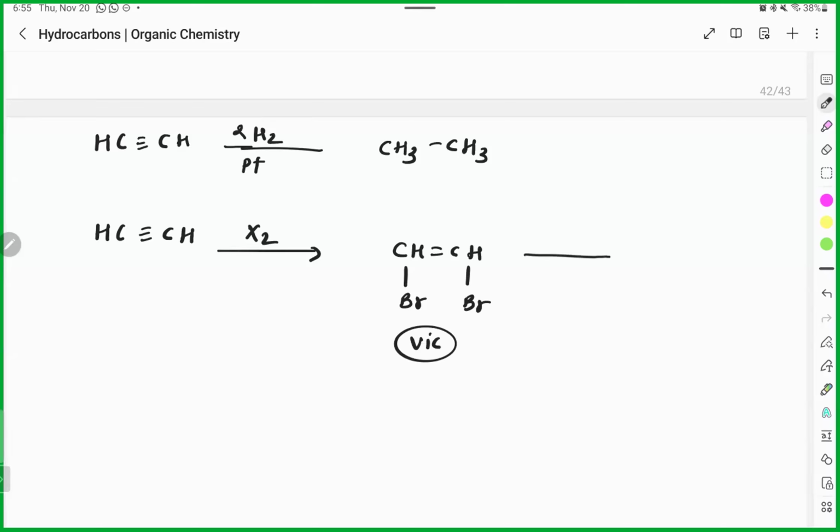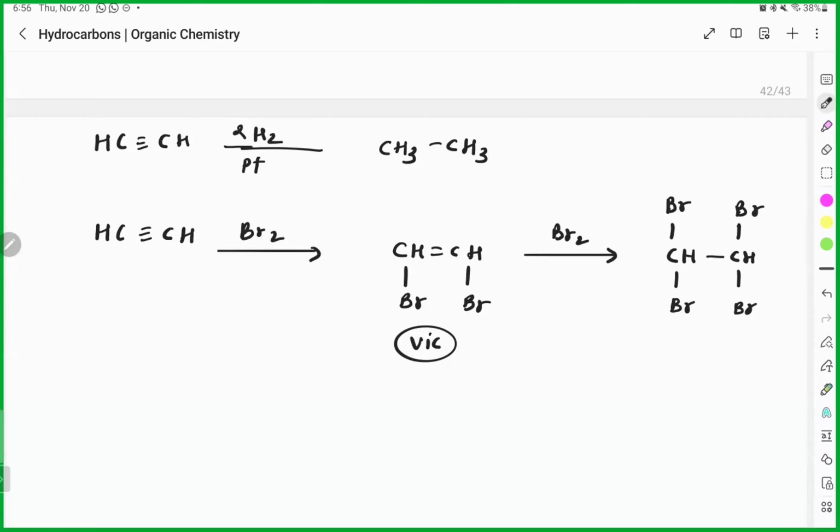And then if you take one more bromine, what will be the product? Same way, more bromine. Can we say the color of the bromine, reddish brown color, will disappear, decolorize?